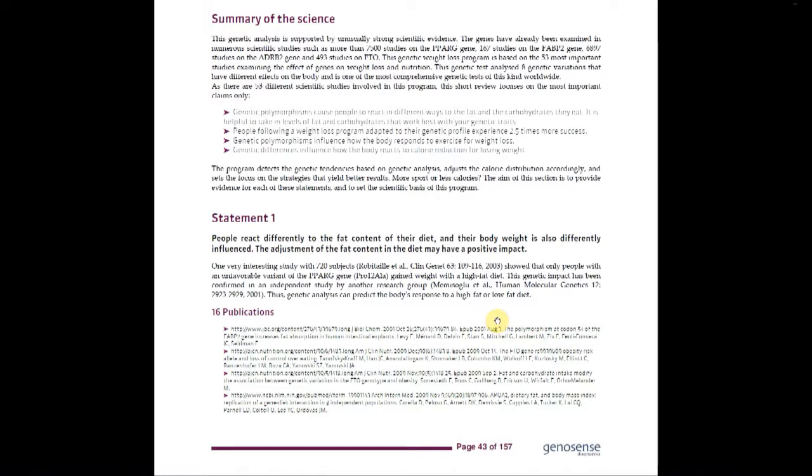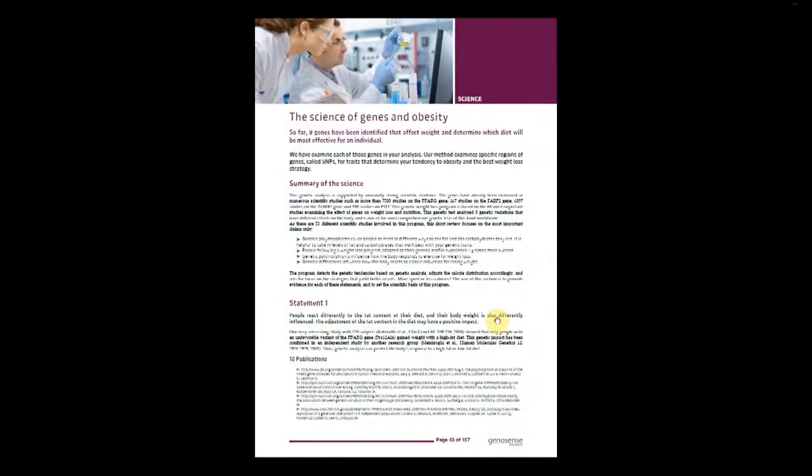This is the publication, and they showed that only certain people gained fat and gained weight and so on. And down here are 16 scientific publications, the 16 best, I have to say, there are hundreds, but the 16 best that show what we're talking about. So in case you're interested, this is what we claim, and this is the science we're basing it on. And there are always replication studies.